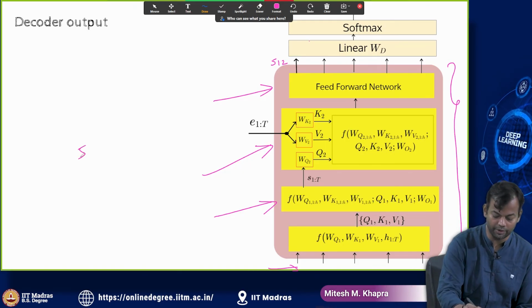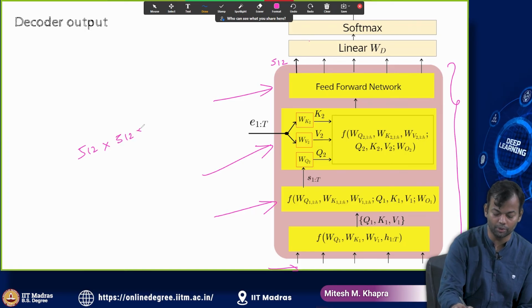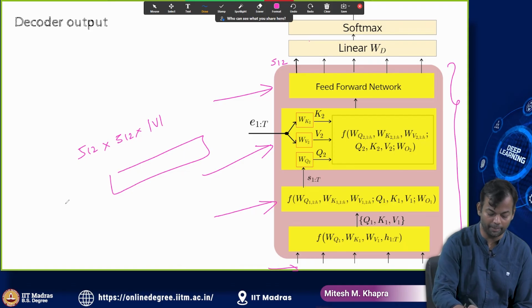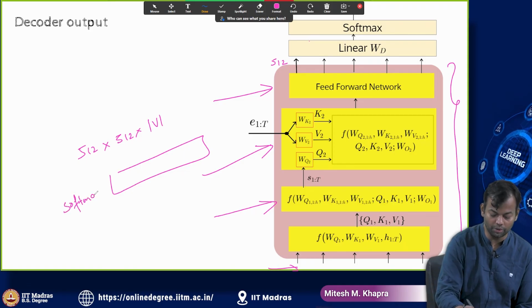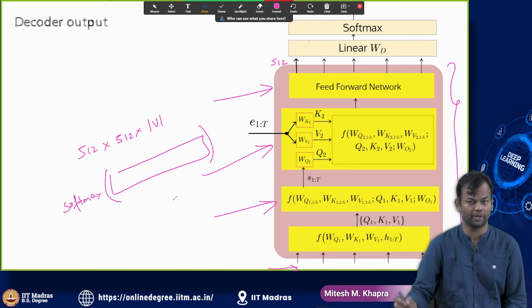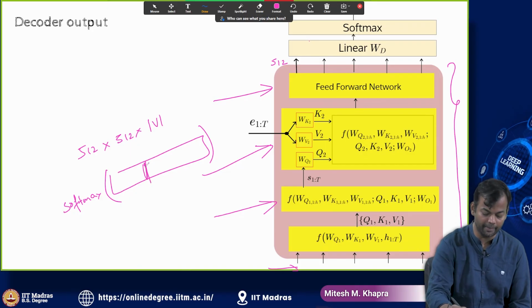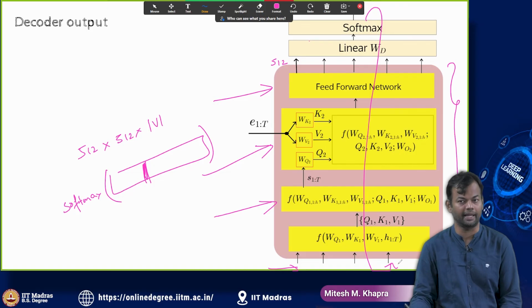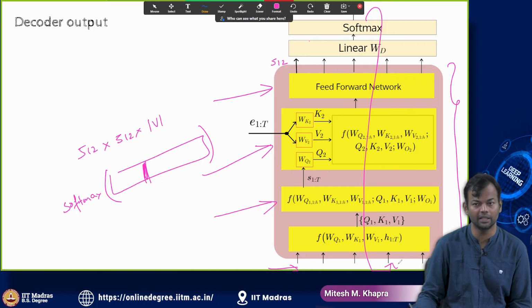So you take this 512 dimensional embedding, use a matrix of size 512 cross V to give you a V dimensional output, and then you apply a softmax on that to give you the distribution over the vocabulary, and then pick the argmax from there to feed it as the input for the next time step, right? So that's what happens at the output layer.